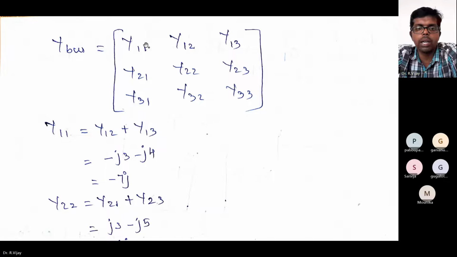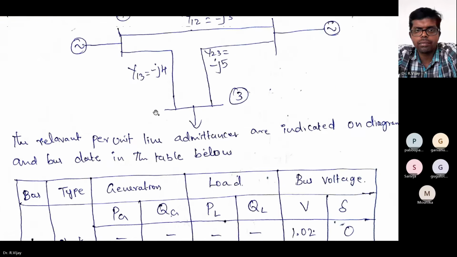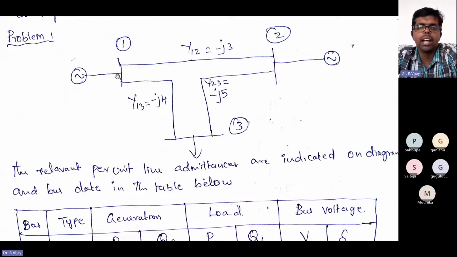What is Y11? Y11 is Y12 plus Y13. Sometimes the self admittance will also be given, and you have to be very, very careful.